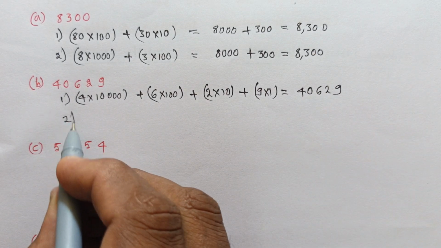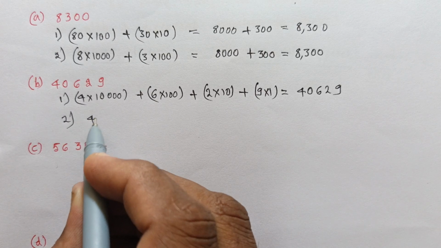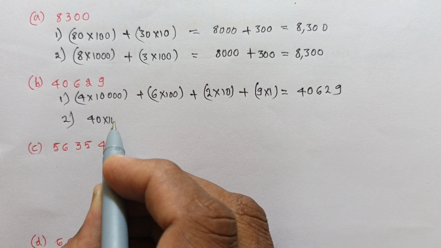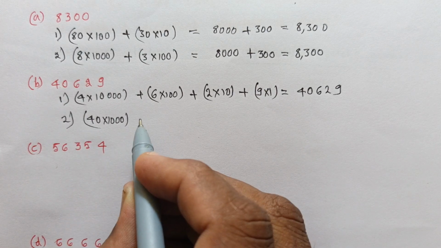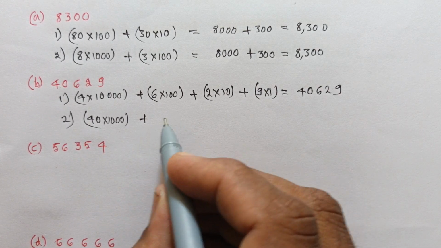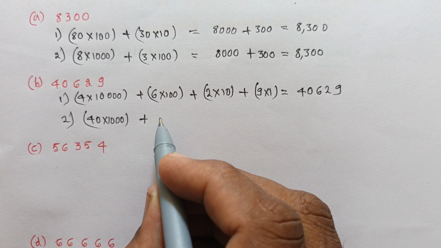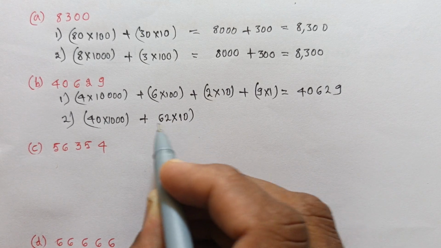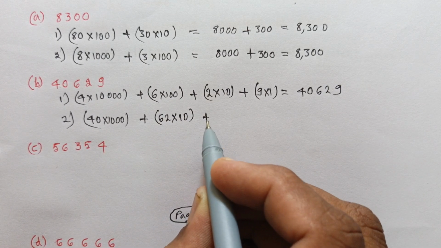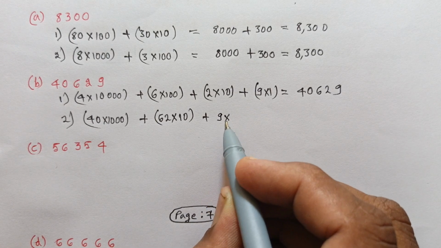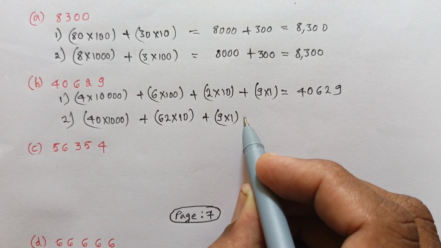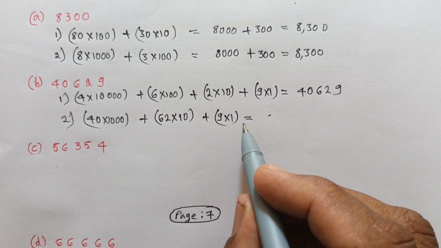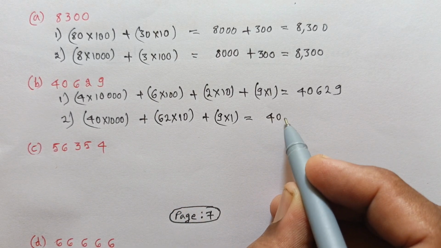The other method is, if you press the 1000 button 40 times, 40 into 1000, then press the plus 10 button 62 times, so 62 into 10, and press the plus 1 button 9 times, 9 times 1 is 9. So we will get 40,000 plus 620 plus 9, that is 40,629.